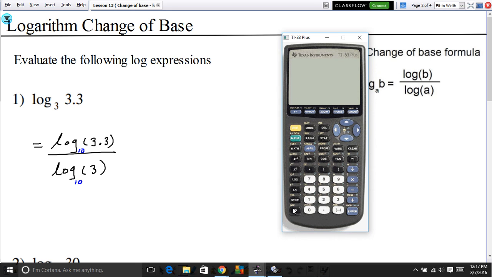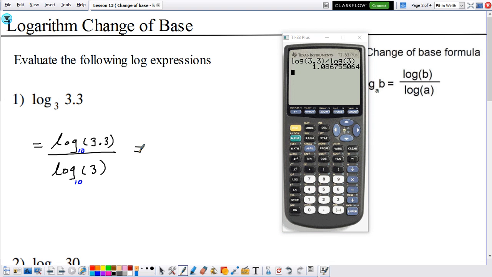Now we have log of 3.3 divided by log of 3, which is equal to 1.08. Well, it's 1.09. And that's it. We're just changing to base 10 because once we have it in base 10, then we can use the calculator.